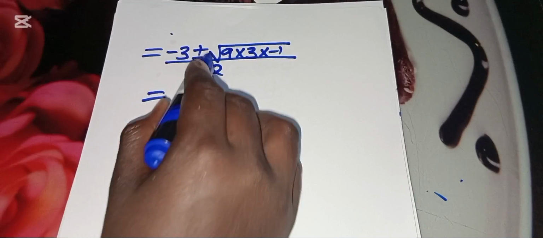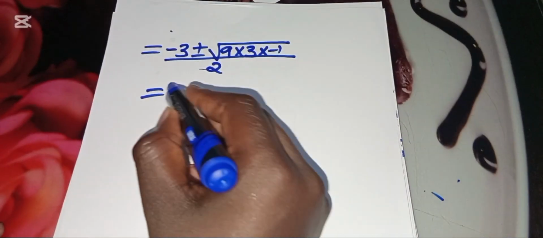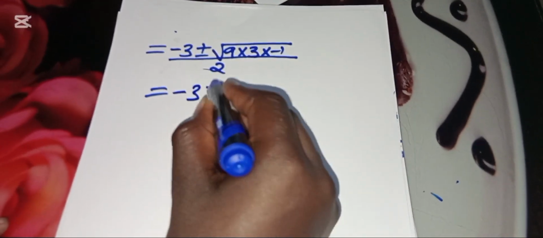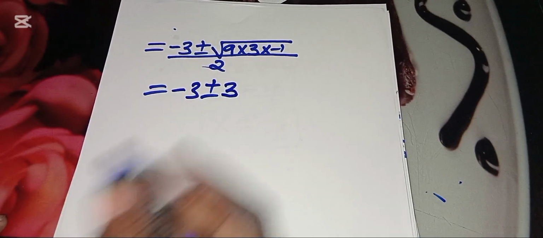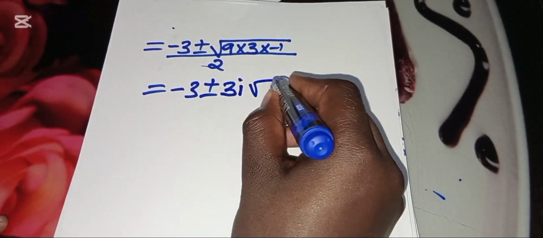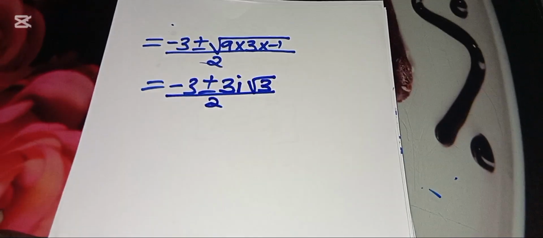So we have negative 3 plus or minus the square root of 9 times 3 times negative 1, divided by 2. The square root of 9 is equal to 3, the square root of negative 1 is i, multiplied by the square root of 3, and we divide everything by 2.